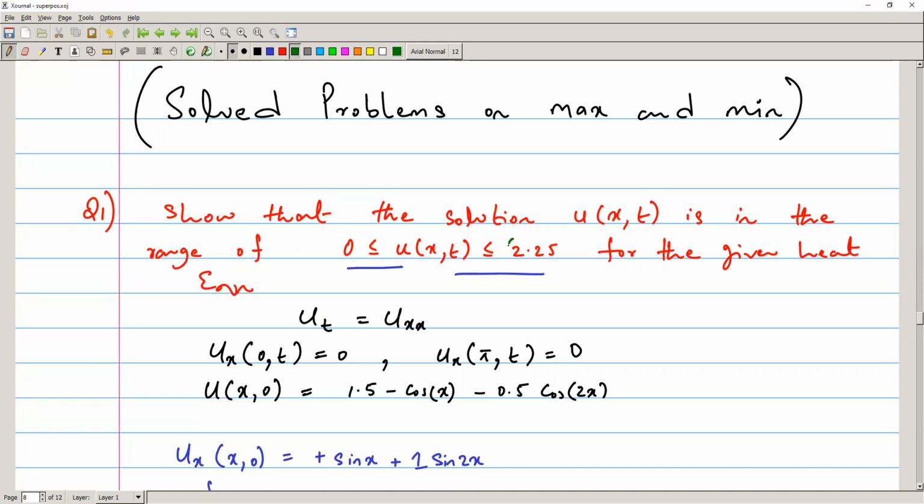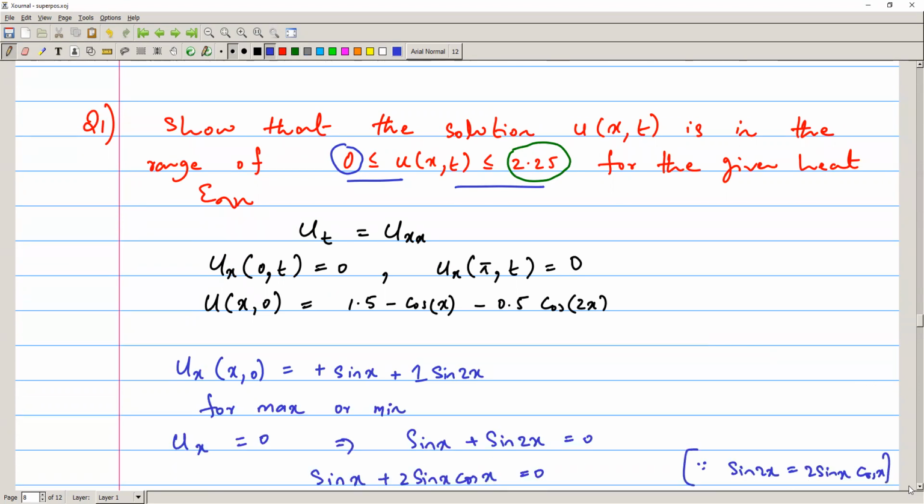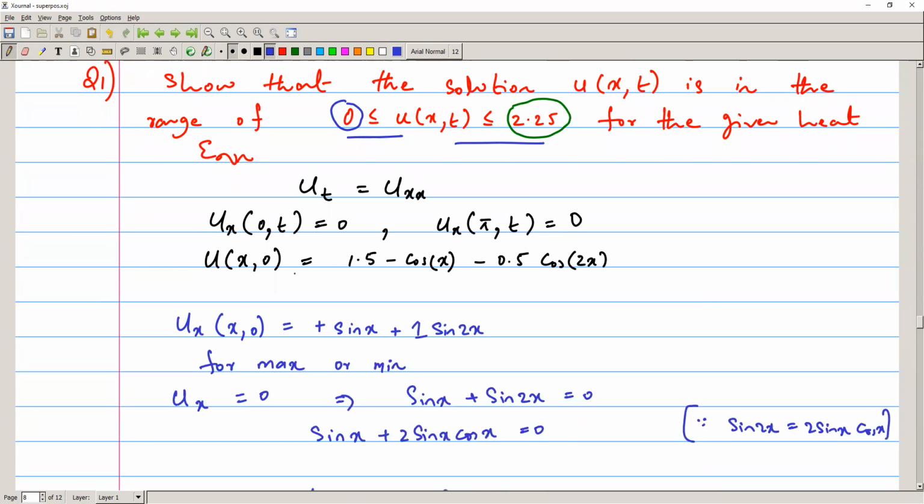So we can circle the maximum with green, and the minimum with blue, right? Now we will see how to approach this problem.